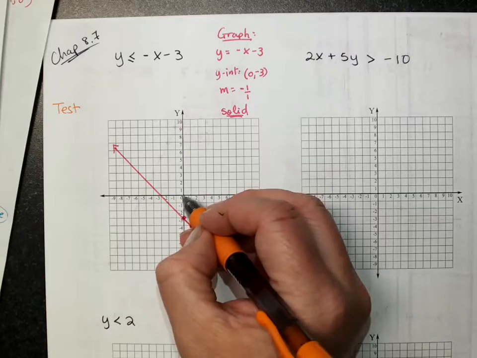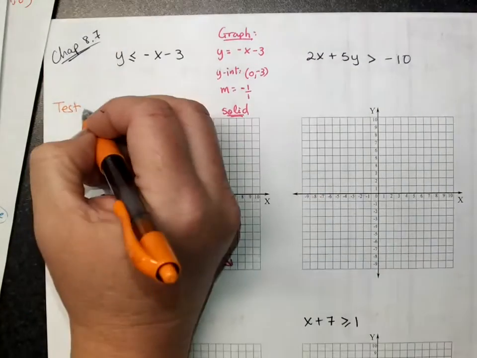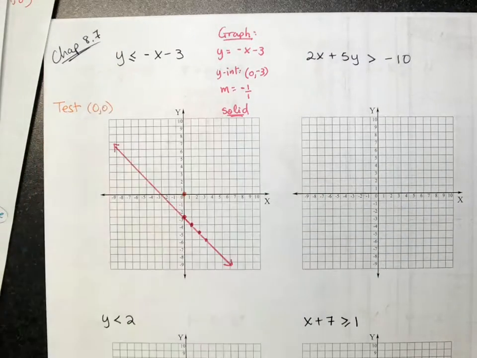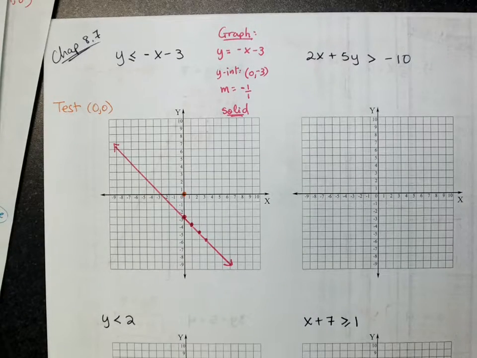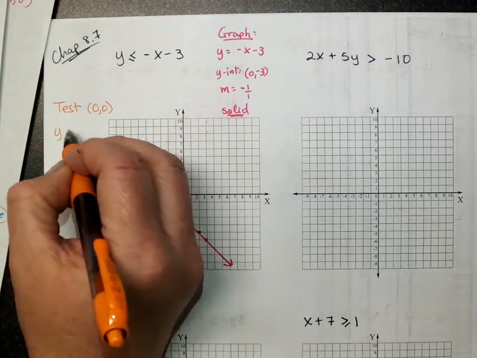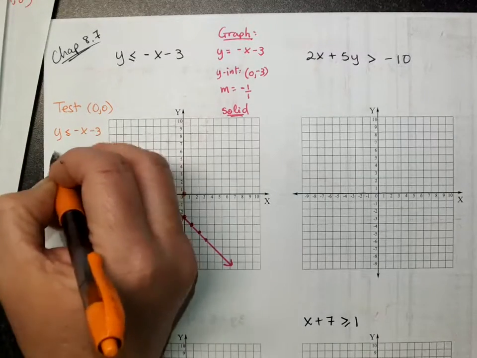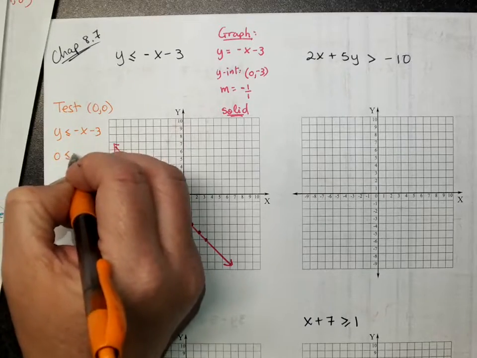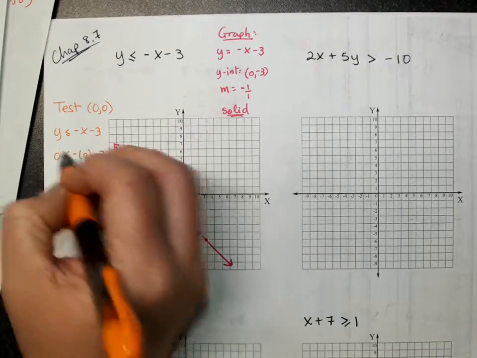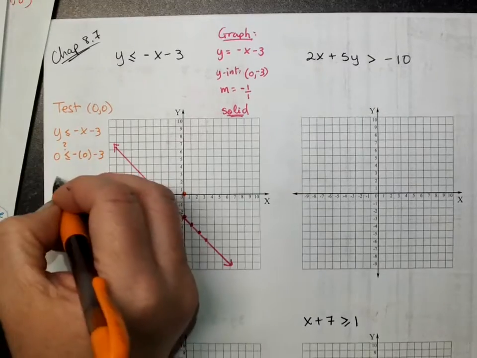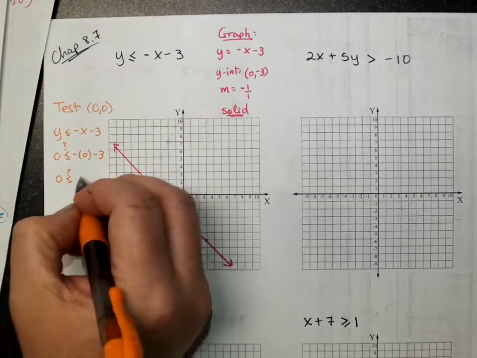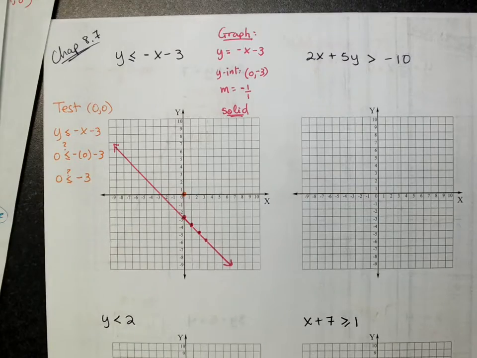Because it doesn't go through the origin, I'm going to mark my test point, and I'm just going to use the origin, because it's the easiest one to use since the line doesn't go through it. So is 0, 0 a good solution?